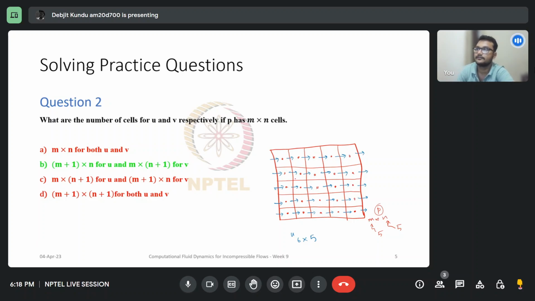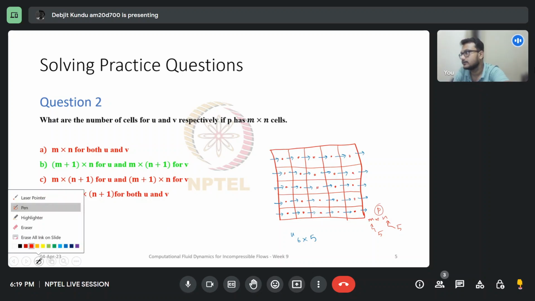So as you can see, if you count, you will get m cross n, that is 5 cross 5, 25 points where p is stored. And if you do the same for u, you will find 6 into 5, 30 places where u is stored. Similarly, we will try to do the same for v. Let me use a different color, so we will use green over here.